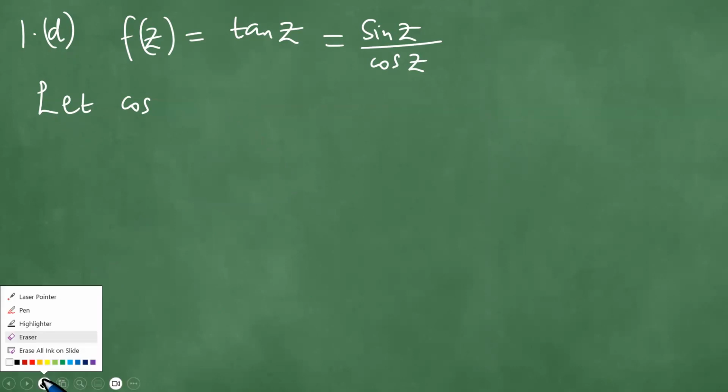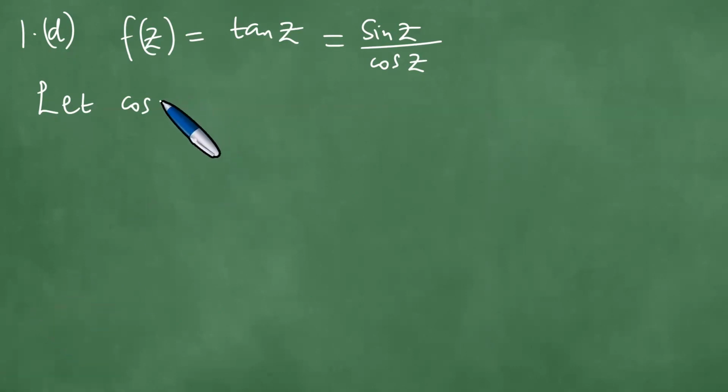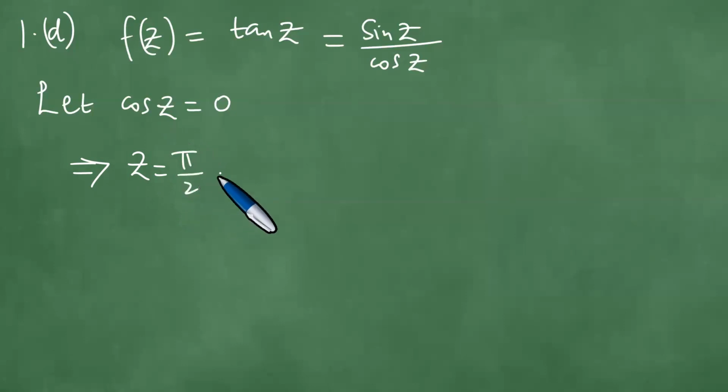Right, so we let the denominator be 0 for the point of discontinuity. So we let cosine z be 0. If cosine z equals 0, we already know that z is an odd multiple of pi over 2.